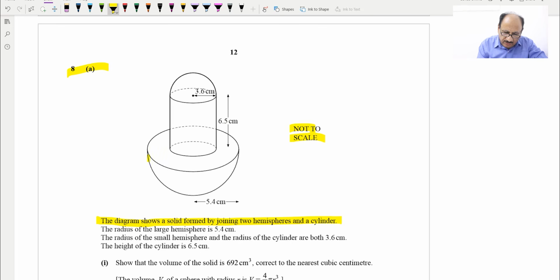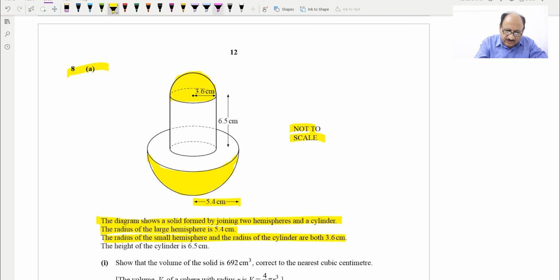One hemisphere is this lower one, and the second hemisphere is on the top, so this is the hemisphere basically till here. They are saying the radius of the large hemisphere is 5.4, this one, and the radius of the small hemisphere and the radius of the cylinder both are 3.6.